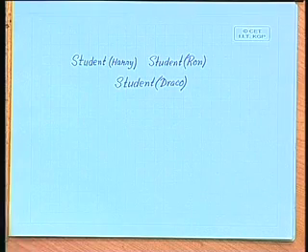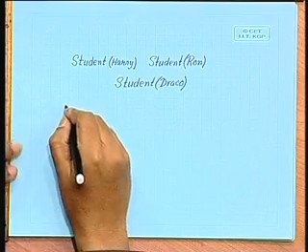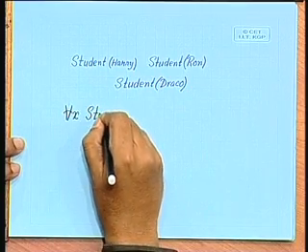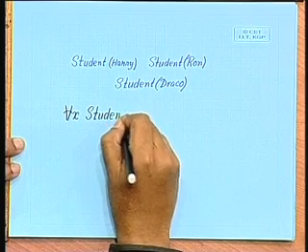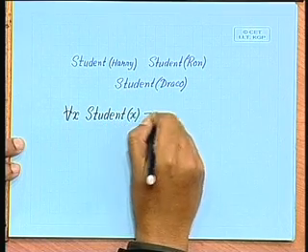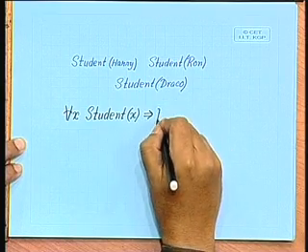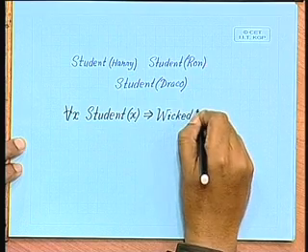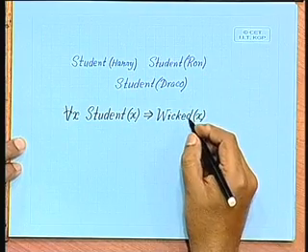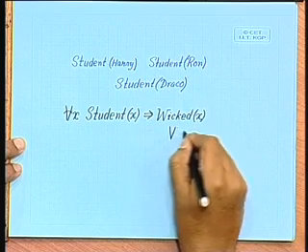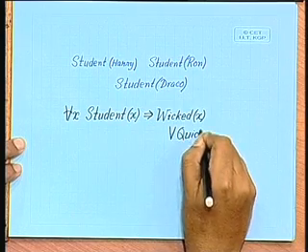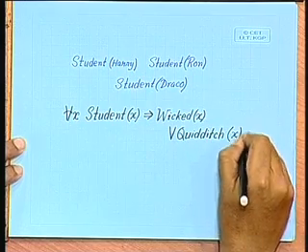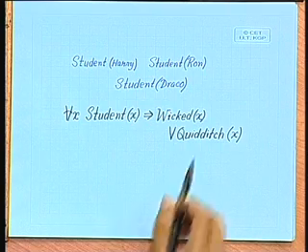So we can write this as for all x, student x implies either wicked x or is a good Quidditch player. So let us call that predicate Quidditch itself. Right, but this is not in clause form.